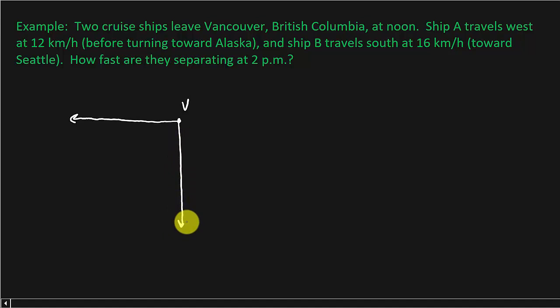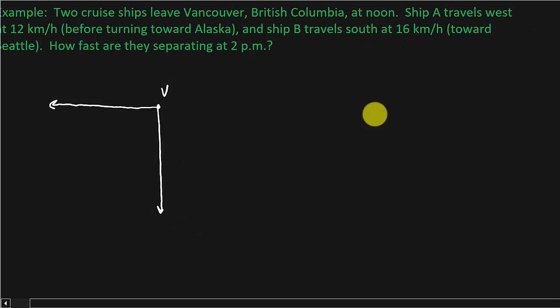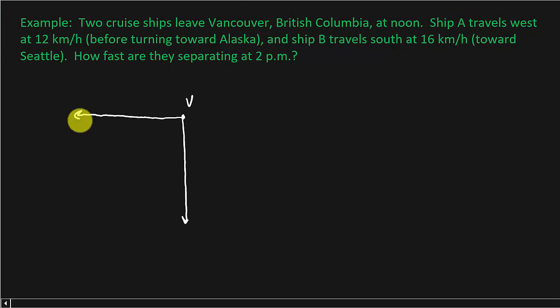And how fast are they separating? So we're going to need a line here. See, if it's going this way and this way, that's how fast they're separating. That's this distance here.